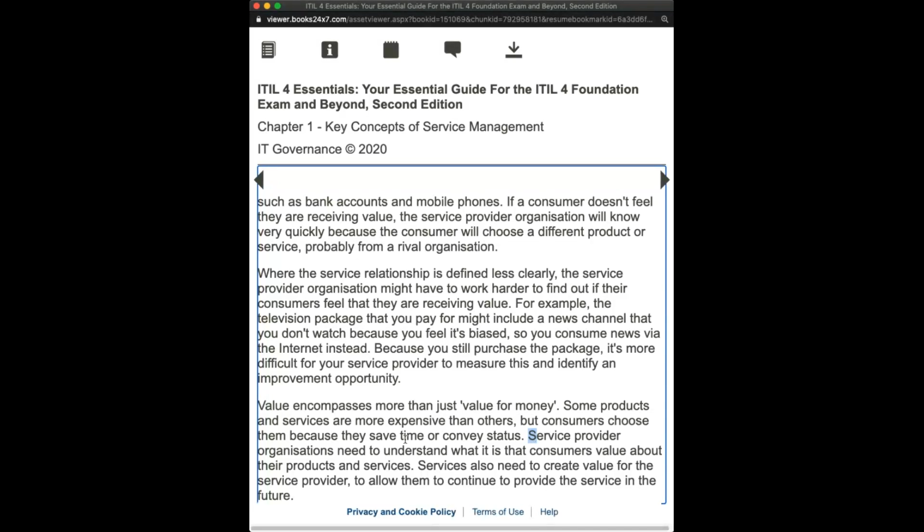Service provider organizations need to understand what it is that consumers value about their products and services. Because they might add value to the products and services, but if that is not what the customer wants, then it fails. Let's go back to the McDonald's and KFC example.